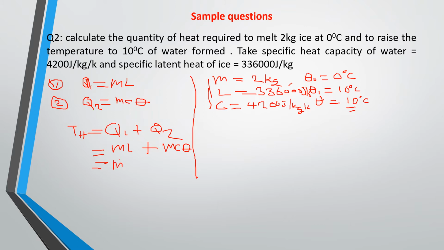Mass is equals to 2 times specific latent heat, plus 2 times specific heat capacity of water times change in temperature, which is 10.